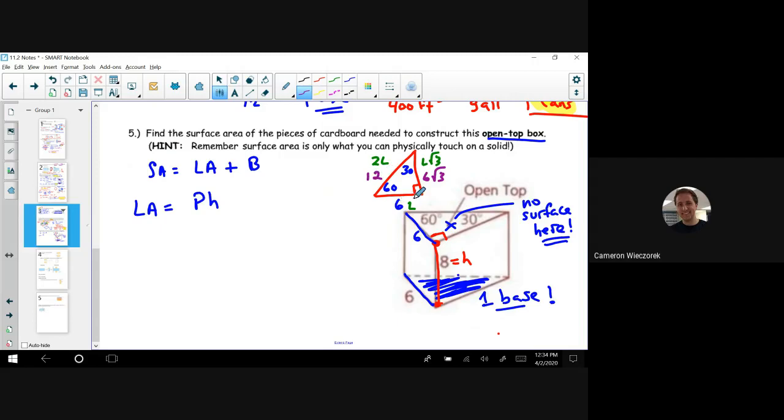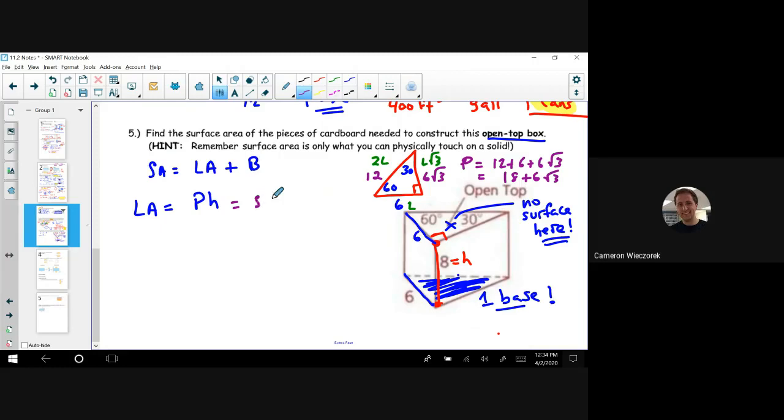And then perimeter means add them up. So the perimeter of my triangle, my base, in this case, would be 12 plus 6 rad 3. You can't add all 3 together as like terms because this one has a rad 3 and these 2 don't. These 2 can make 18, but then we just have to tag on the 6 rad 3 and leave it like that. So I'm going to really be distributing the height to that perimeter.